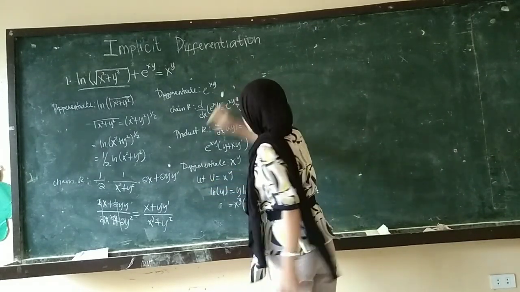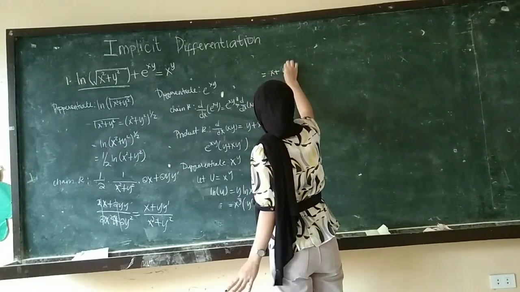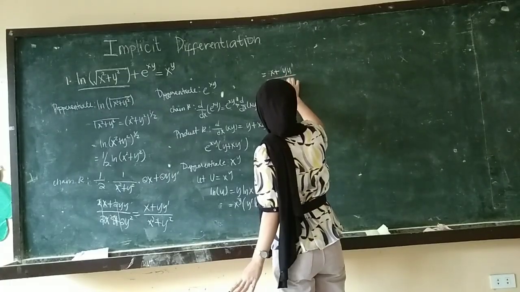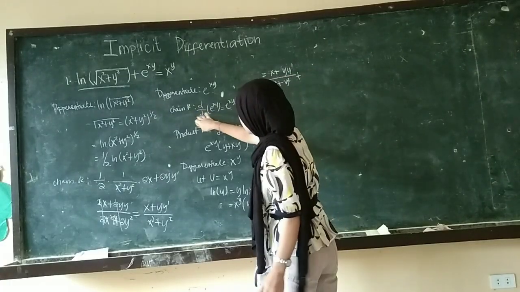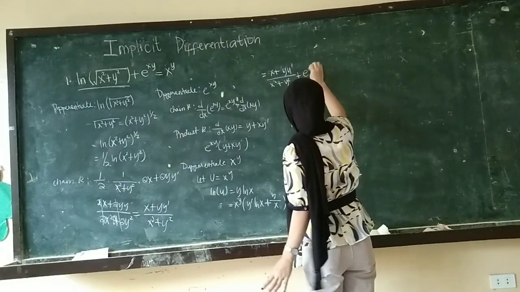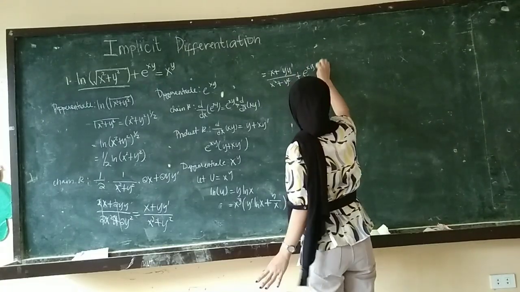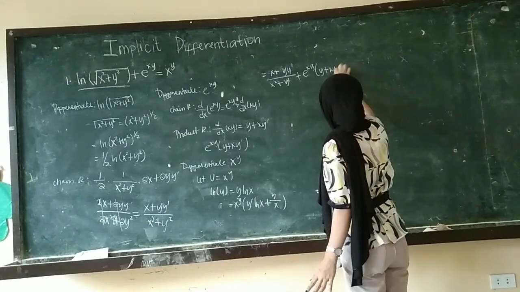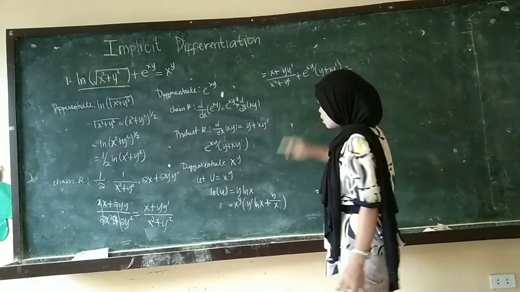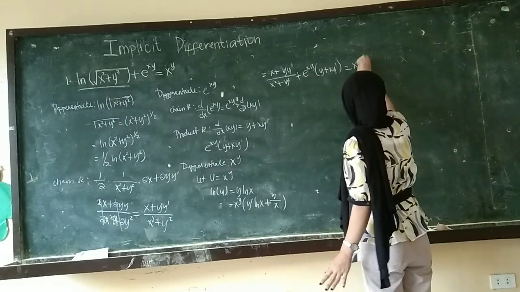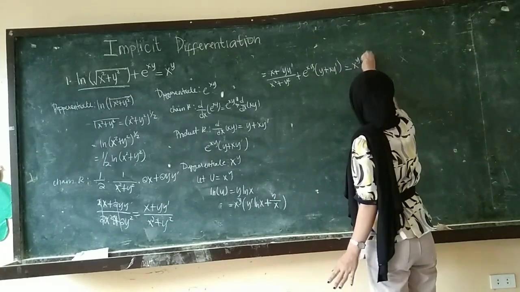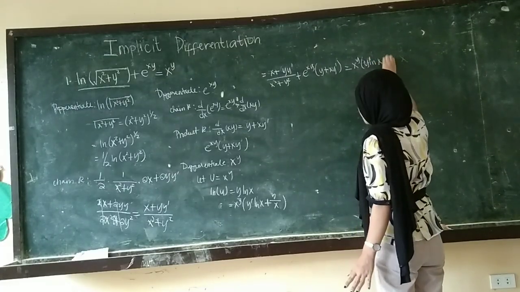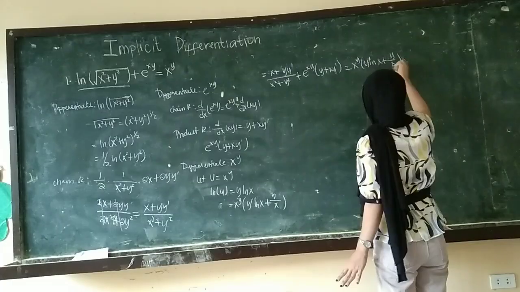It will be x plus y y prime over x squared plus y squared, plus e raised to the power of xy times y plus x y prime, is equal to x raised to the power of y times y prime ln x plus y over x.